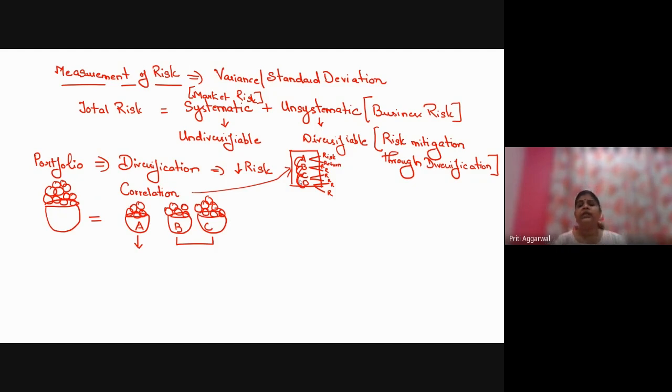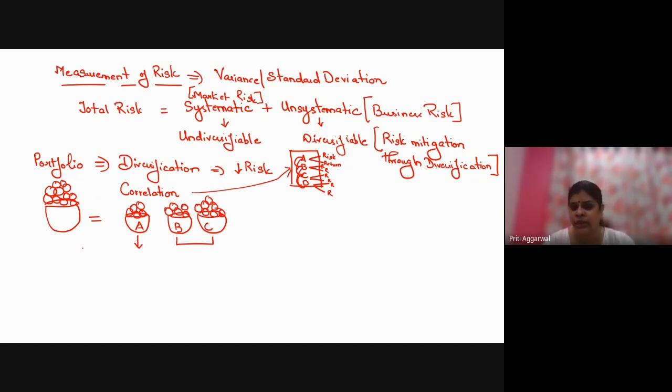And what is important is that there is a great economist, his name is Harry Markowitz, who has come up with something called an efficient frontier or an efficient growth portfolio, right?